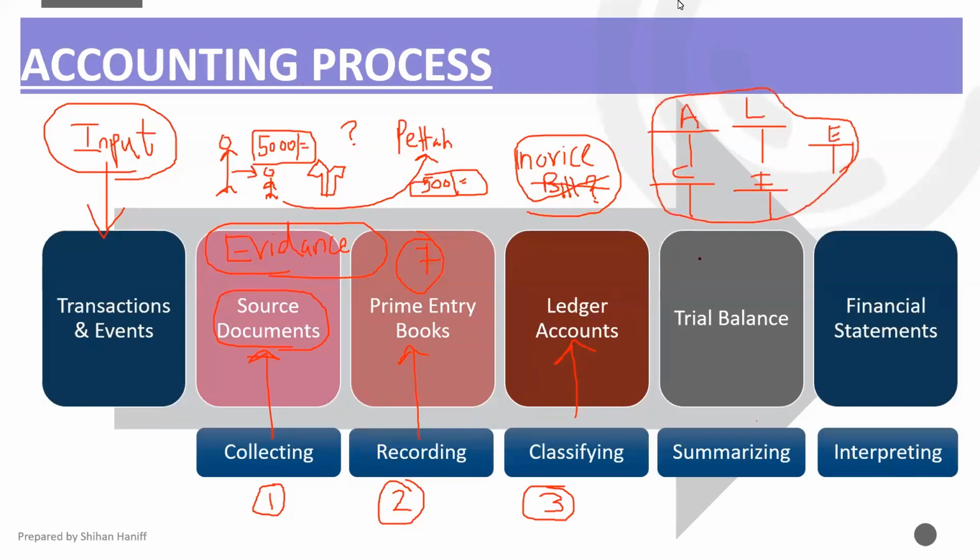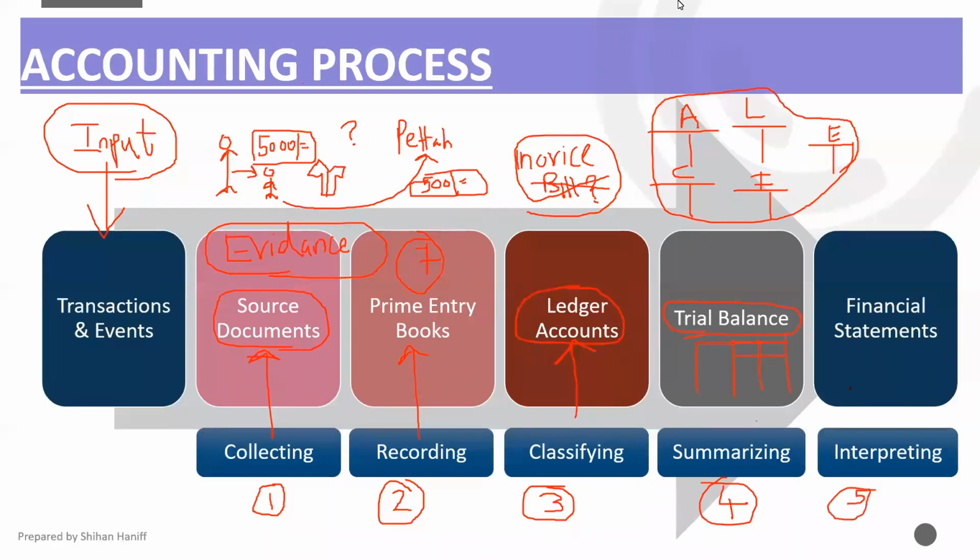Using the double entry principle, we post the transactions in the ledger accounts. Once it is classified into different types of accounts, in the fourth step, we summarize and prepare a trial balance, a summary of all these accounts.